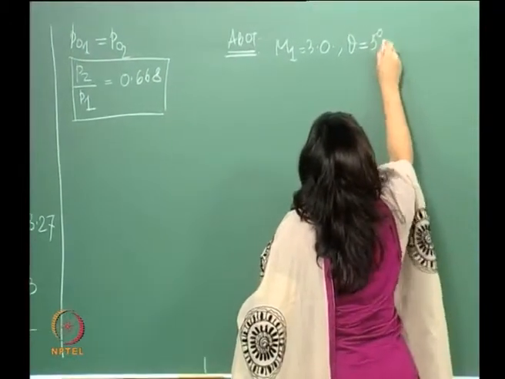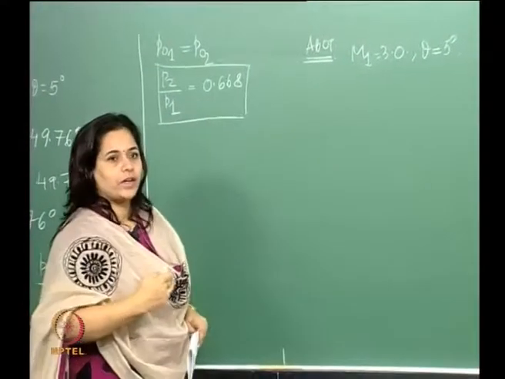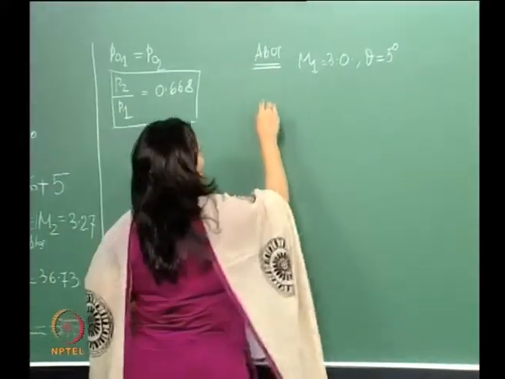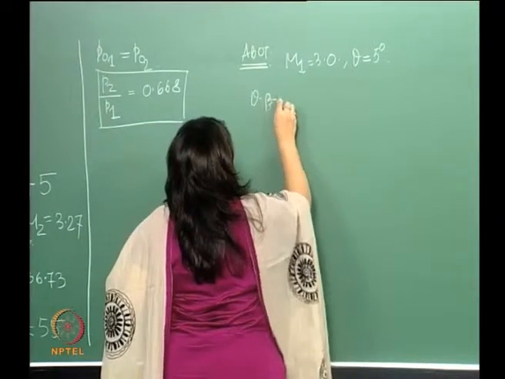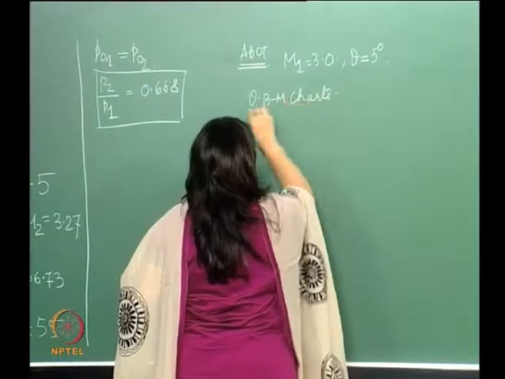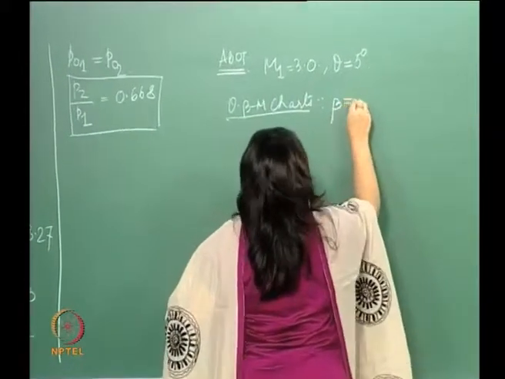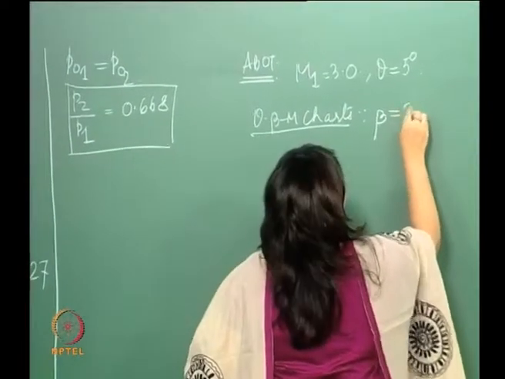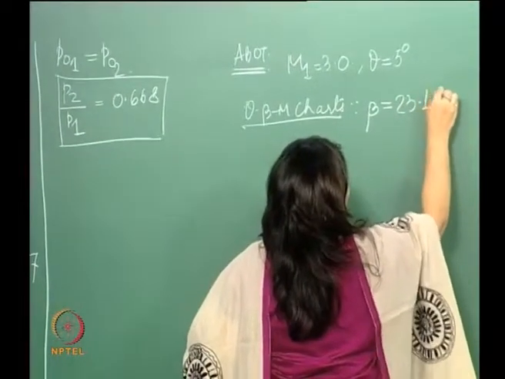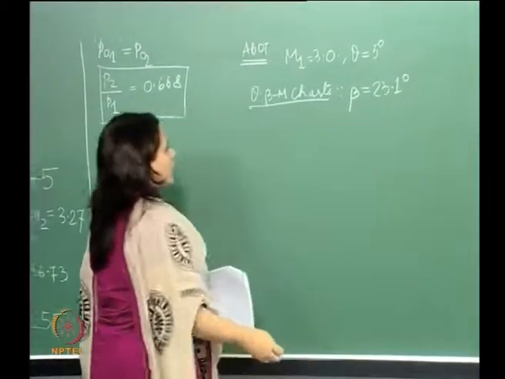So, this is also given. So, therefore, from the theta-beta-M relationship, we can find out the shock wave angle. So, from the theta-beta-M charts or plots or graphs, whatever you want to call it, corresponding to that, we get a beta which is 23.1 degrees. So, this is the shock wave angle.